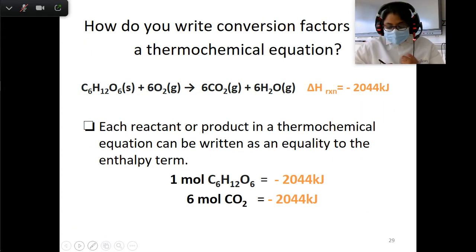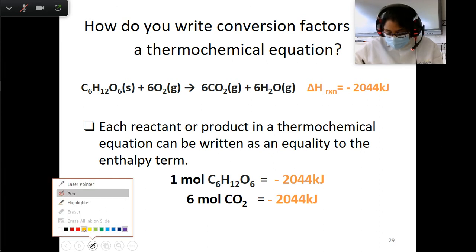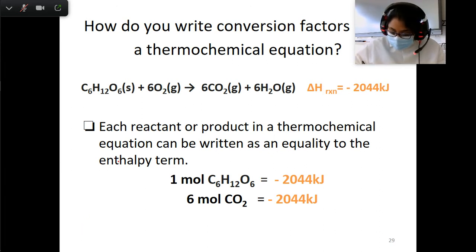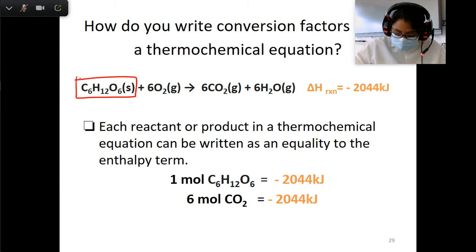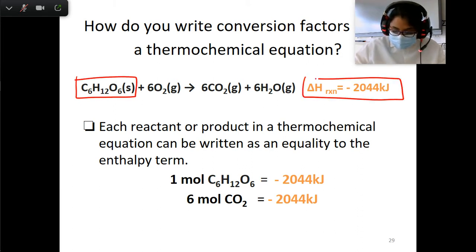Now, if you have a relationship with the enthalpy term, that means you can write conversion factors. So look at the way that these relationships have been written down. Here's glucose, here's the energy.